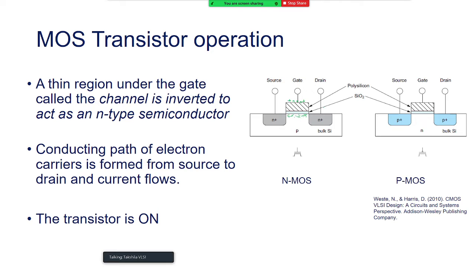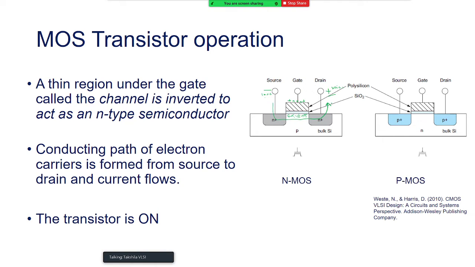And once that is done, let's say you have positive voltage here and negative voltage there, so logic 0 and logic 1, right? Once your channel is formed, you have the conduction path of electrons from source to drain, right? We always know that electrons flow from the negative terminal to the positive terminal.